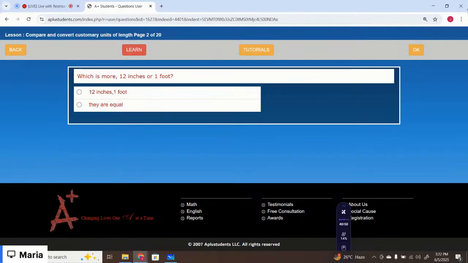So they are exactly equal. Option number two is the correct option.